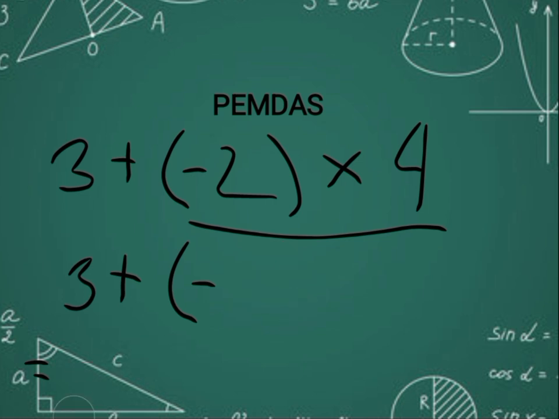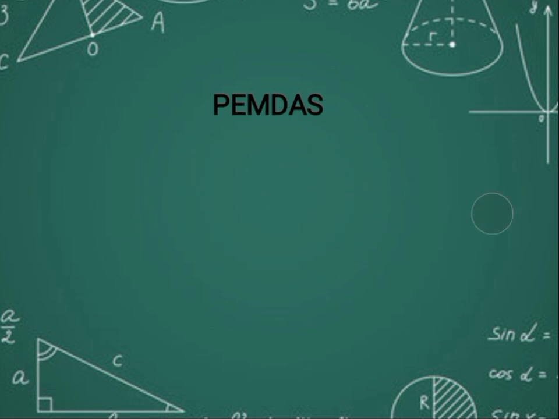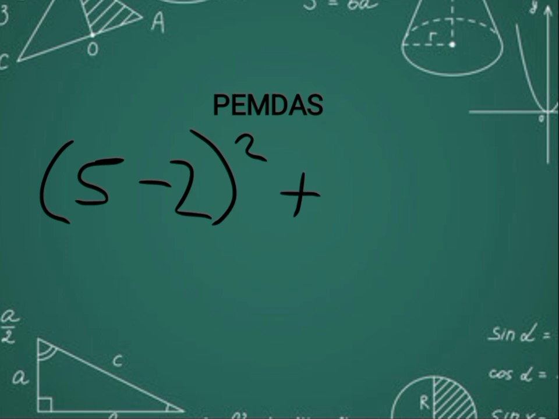Let's have another example. Let's say we have 5 minus 2, squared, plus 6. So we first need to solve the parentheses.